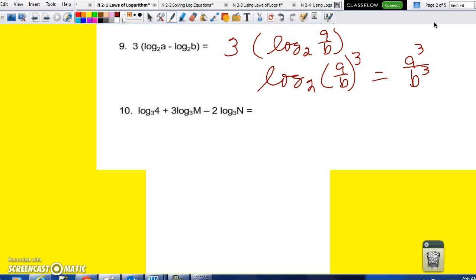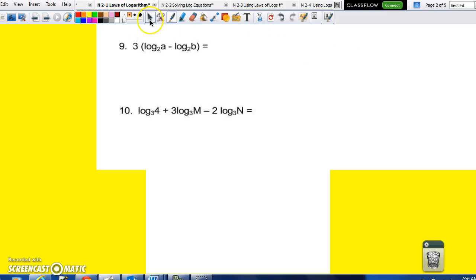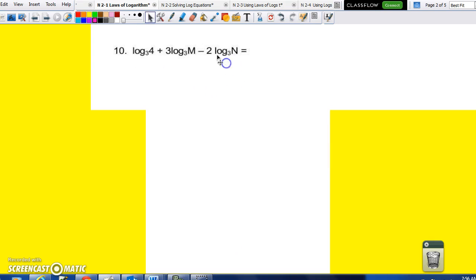Okay, so let's look at number 10, because on number 10, I've got a couple of operations going on. I've got some addition and some subtraction. So I know I should end up with some multiplication as well as some division. On number 10, I'm going to deal with my addition first. So when I deal with my log base 3 of 4 and my 3 log base 3 of m, that 3 is going to move here, as well as that 2 is going to move here.